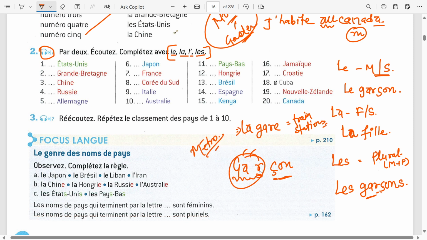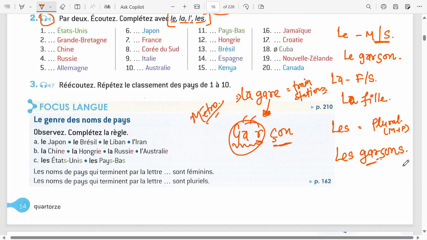So that gare you can bring in here, and garçon is boy. So if I say les garçons, it's the plural one. If I write les filles, it's not about gender, it's only about the number, plurality.